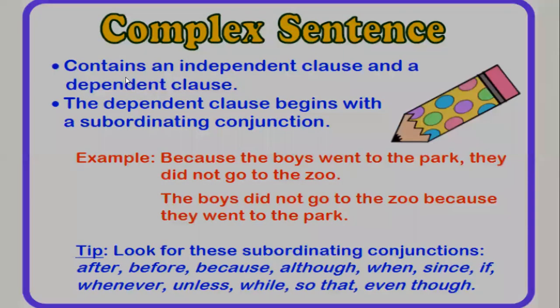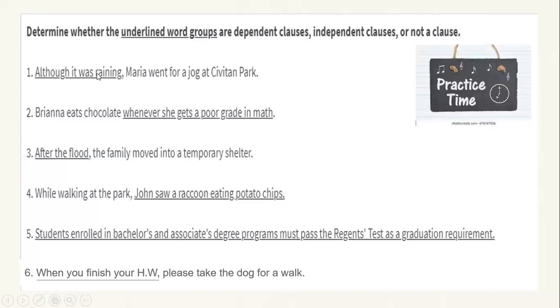Now tell me, the first one, the underlined, is it a dependent clause or independent clause? Very good. It is a dependent clause. Very good. What about the second one?